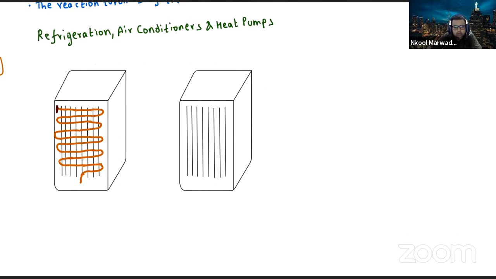So this is the blue pipe, and I have a brown pipe. Let me start naming important components.